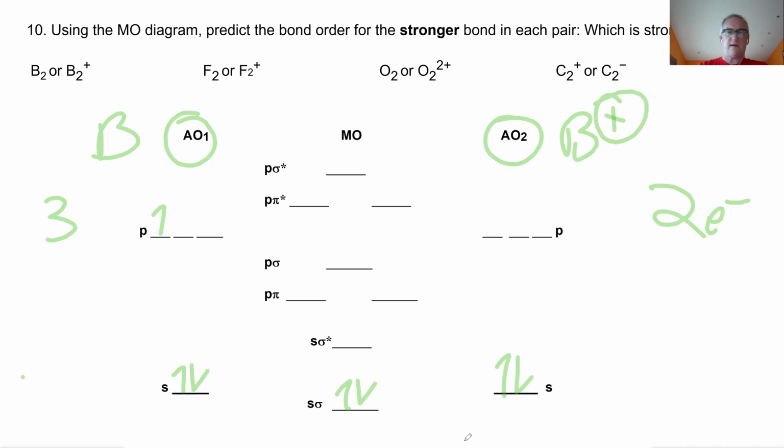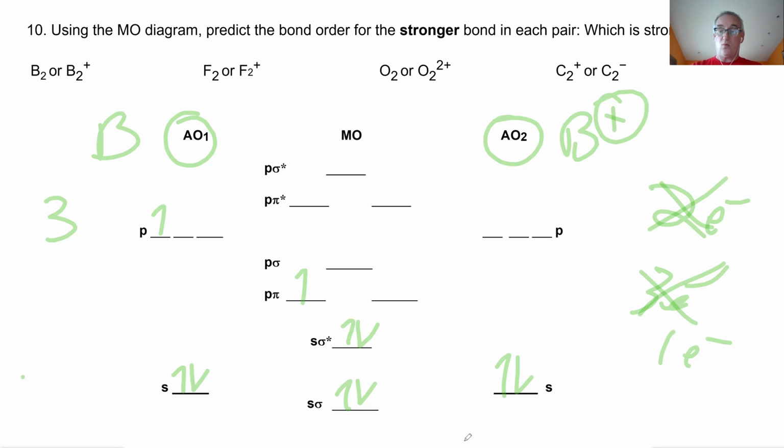That's 2 gone. I have 3 left. Where did the next 2 go? You put the next 2 on S, the anti-bonding one. Yeah, S star or sigma star. Now I have 1 left. And then the last one goes on P pi. Okay, now I'm done. I don't have any more electrons left.